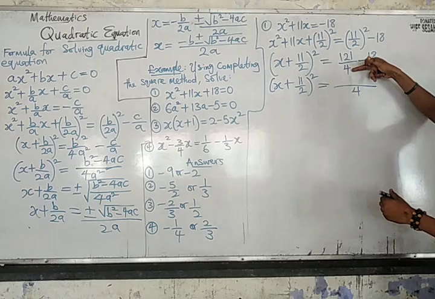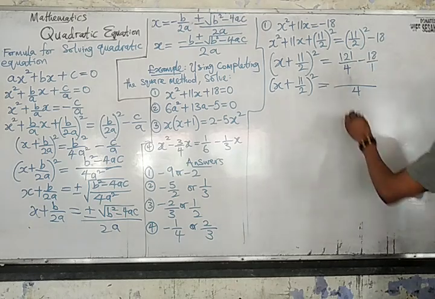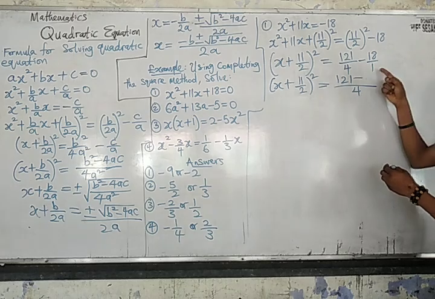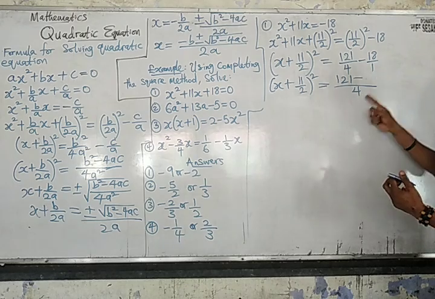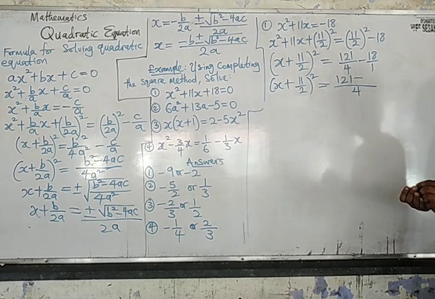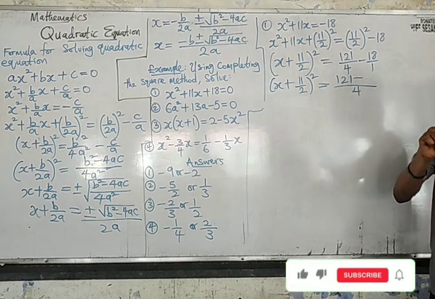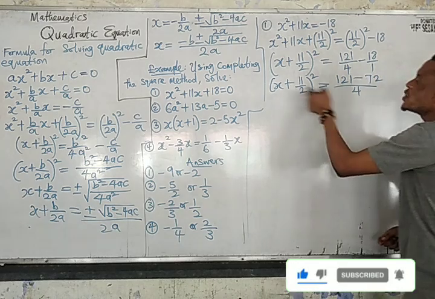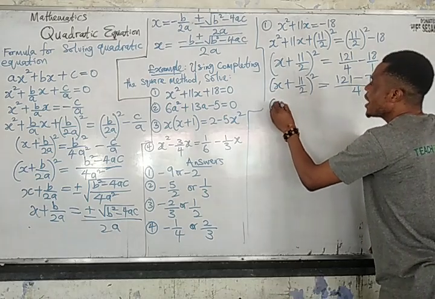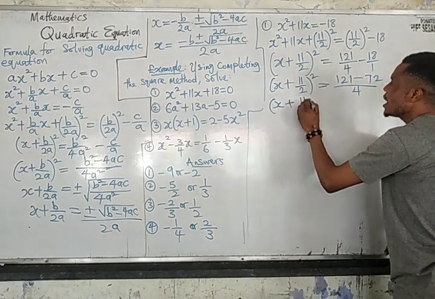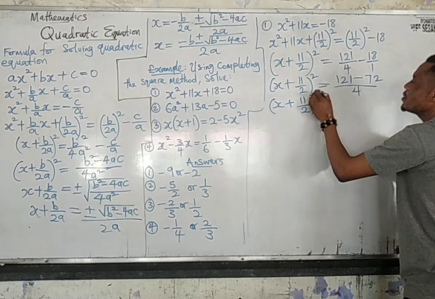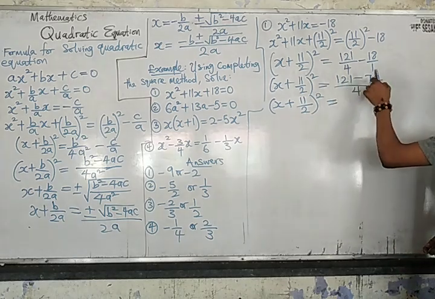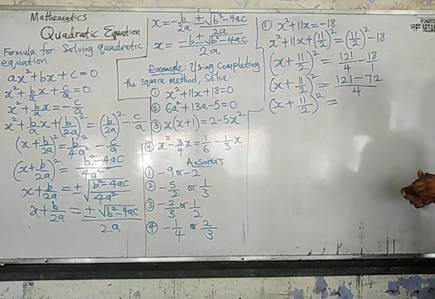And 4 divided by 4, we have 1 multiplied by 121, we have 121. So 4 divided by 1, we have 4. 4 multiplied by 18, that's going to give us 72. So we have 72 here. So we still have this one intact. X plus 11 all over 2, everything raised to power 2, equal to 121 minus 72.